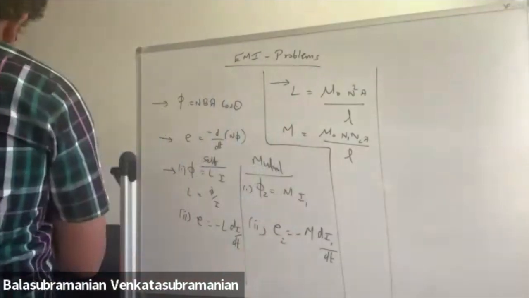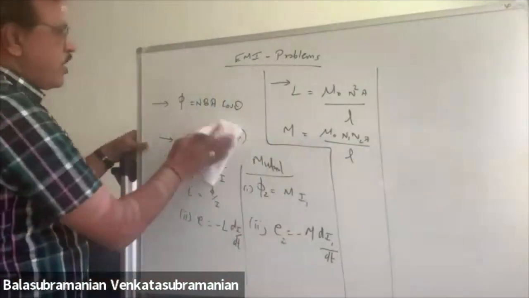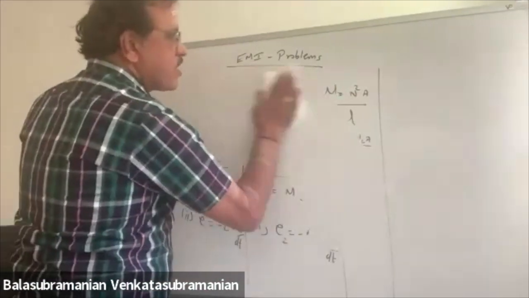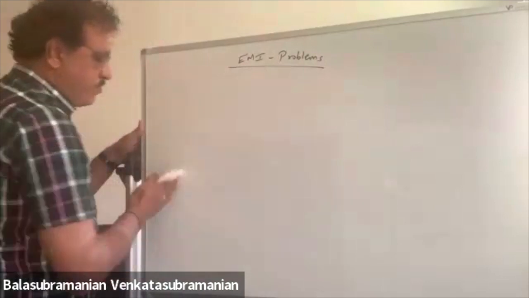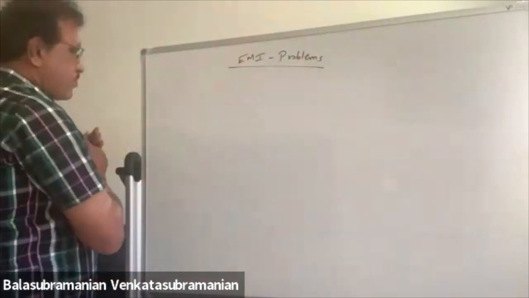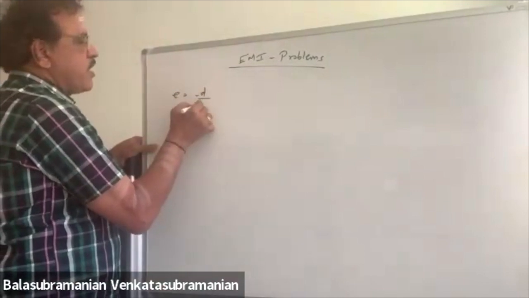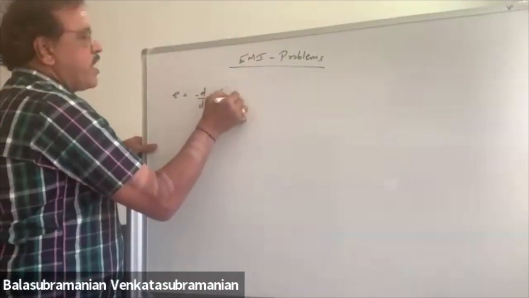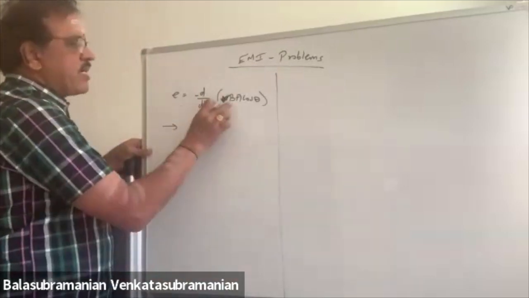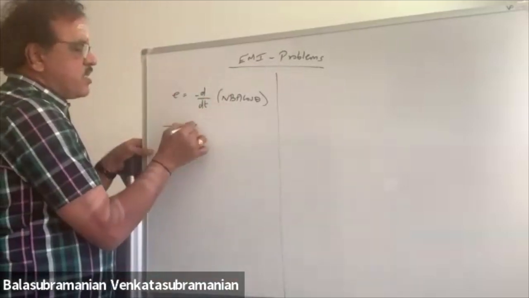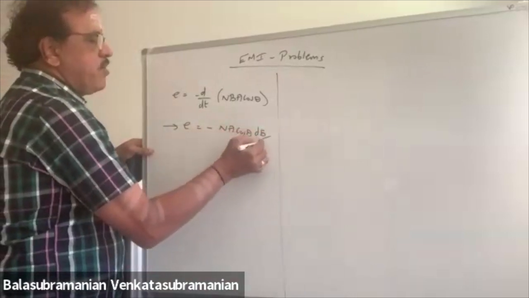Next, methods of inducing EMF. We have seen three methods. First one, E is equal to minus d by dt of NBA cos theta, is the basic formula. If magnetic induction alone changes, the formula is minus NA cos theta dB by dt.